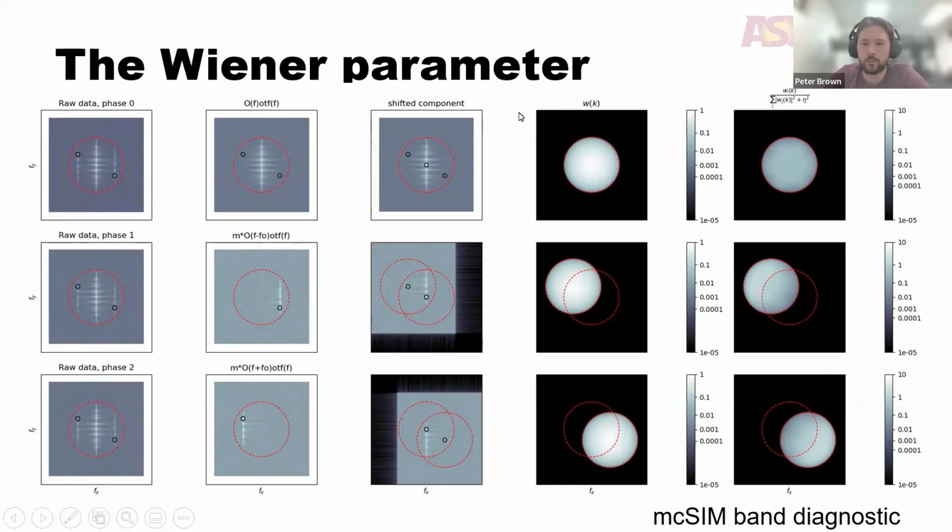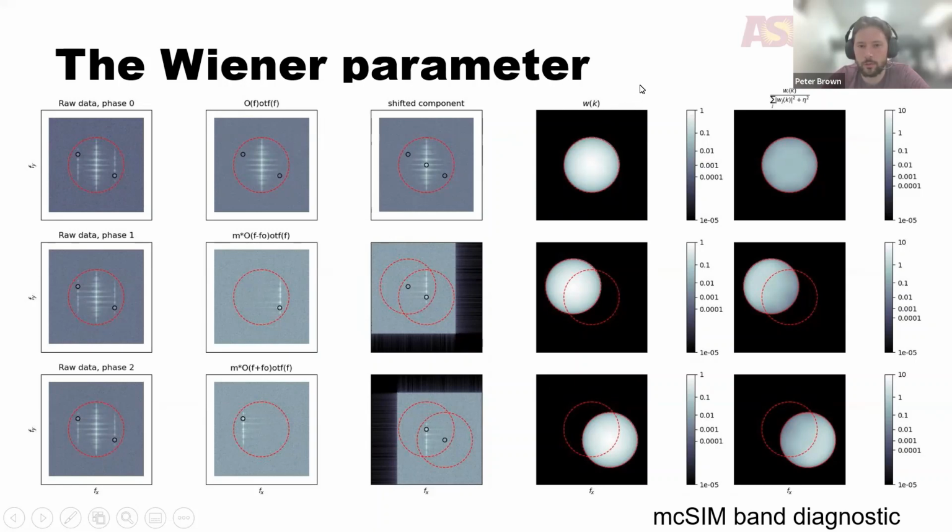These right 2 columns are diagnostics giving you information about the Wiener filter. So this column titled WK is actually the optical transfer function. We're calling it a weight here. This is slightly more generic.